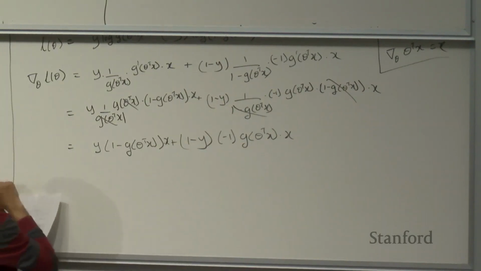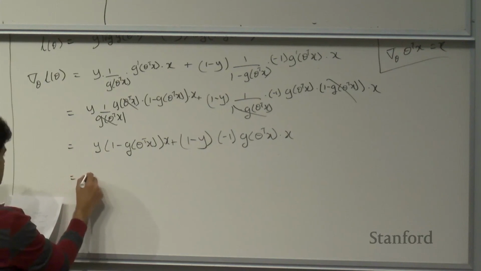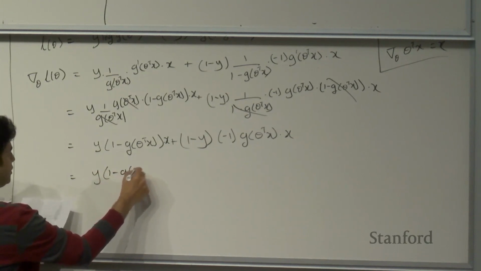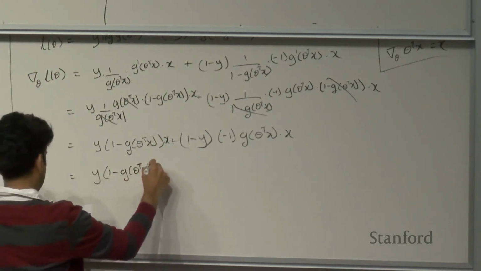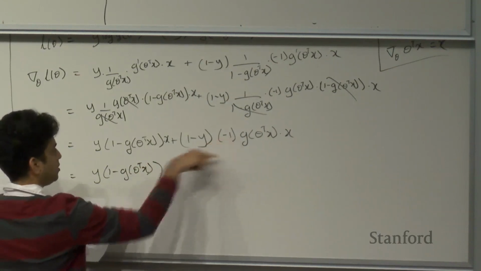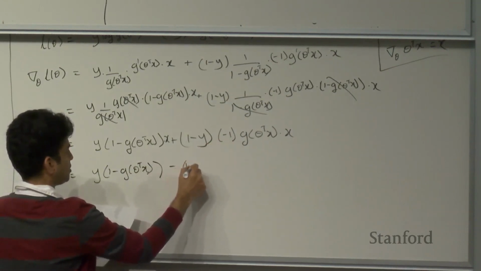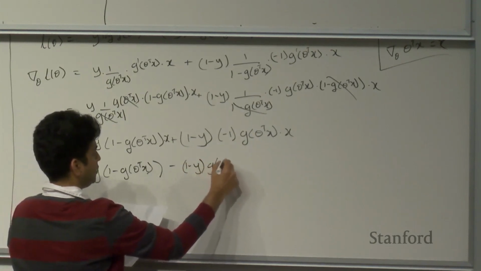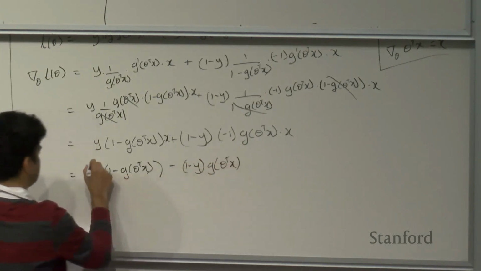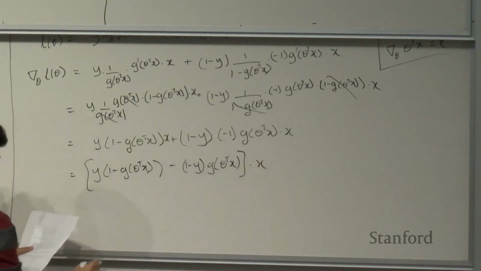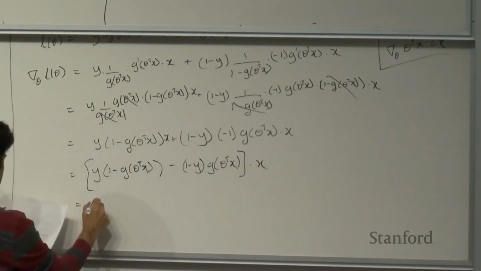Okay. And so this becomes y times 1 minus g of theta transpose x, minus 1 minus y times g of theta transpose x, the whole thing times x.